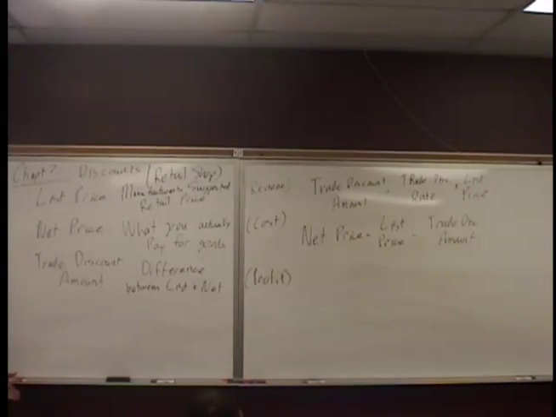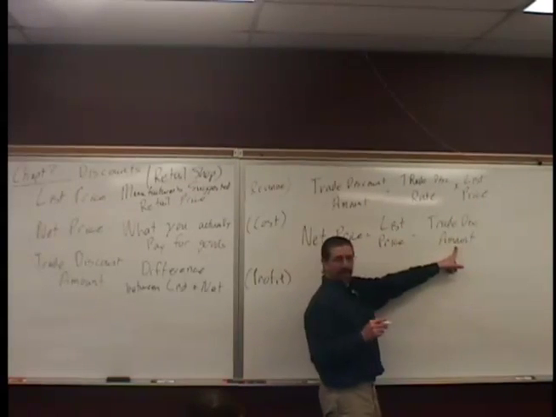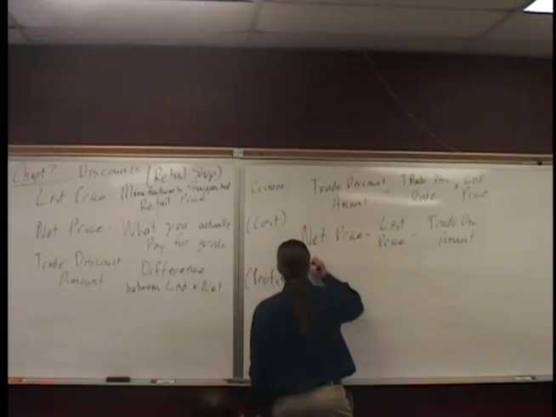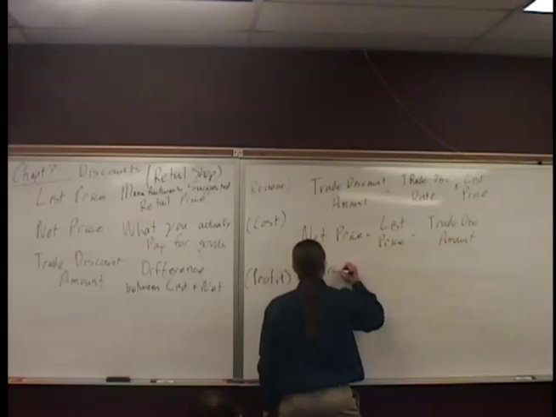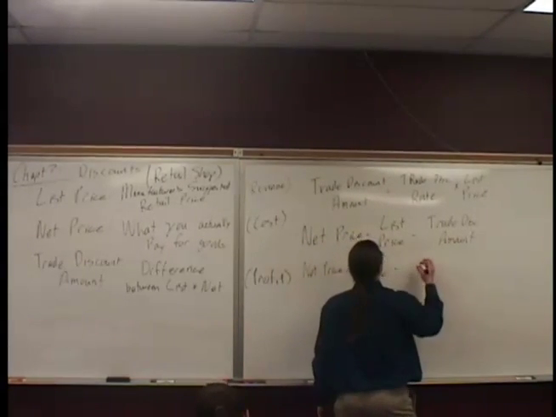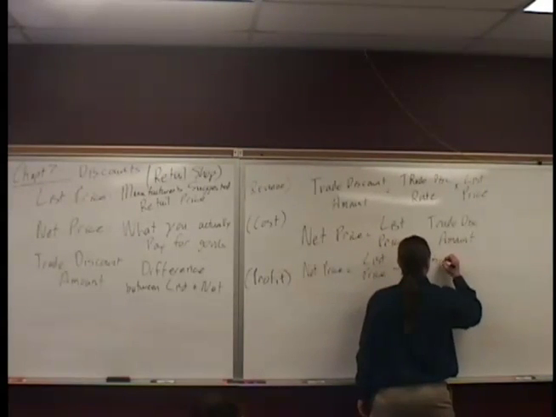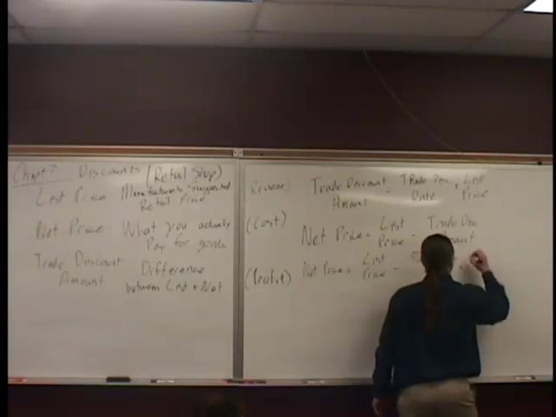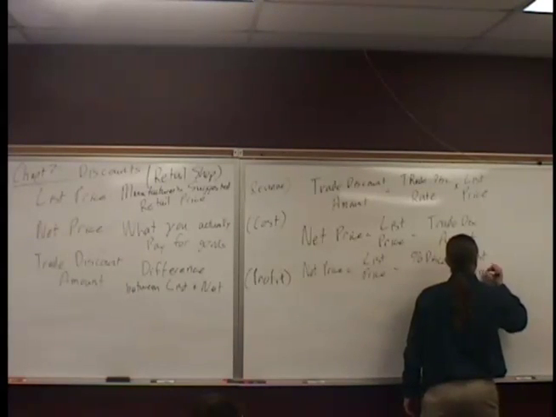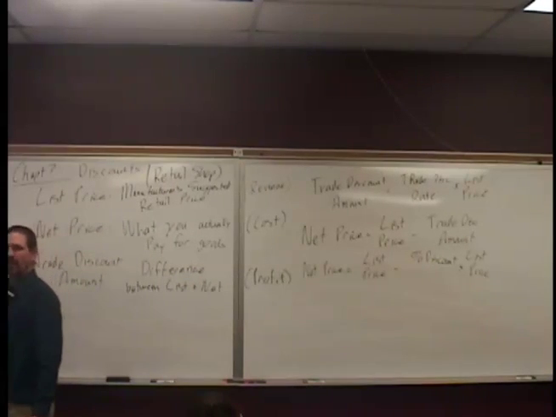You take your list price, you subtract your discount amount, that's what you write your check for, right? Well, if I take this formula and substitute it into here, what does that formula look like?